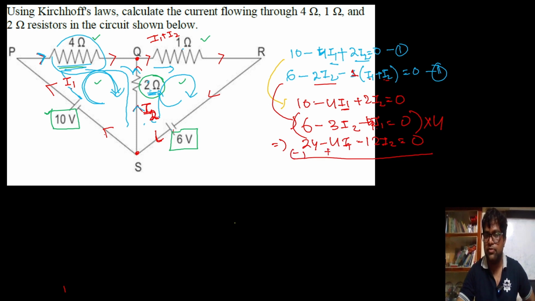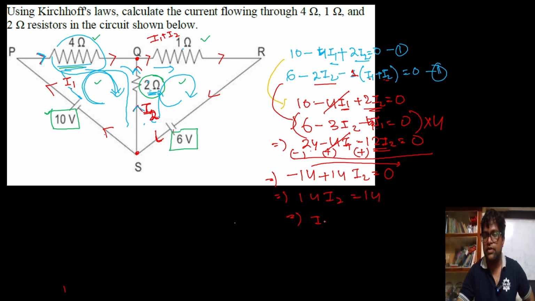So minus, this one will become plus, this will become plus. So minus 4I1 plus 4I1 cancelled out, and 10 minus 24, I'll write minus 14, and this one plus 12I2 and 2I2, so it will be plus 14I2, basically we are getting equal to 0. This 14 I'll take to the right side, so it will become 14I2 equal to 14, or you can say I2 equal to 14 by 14, that is 1 ampere.